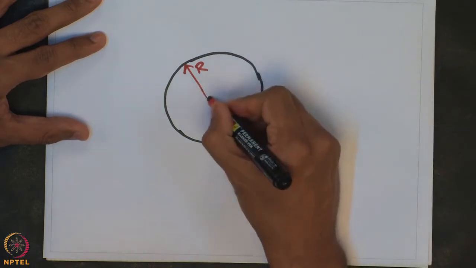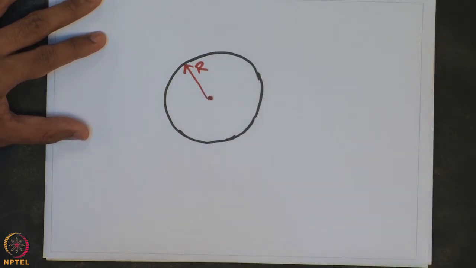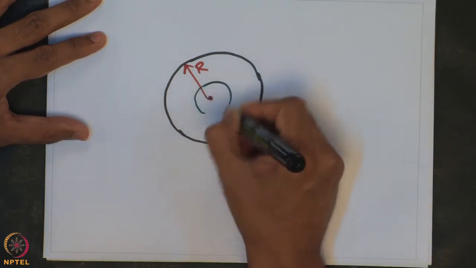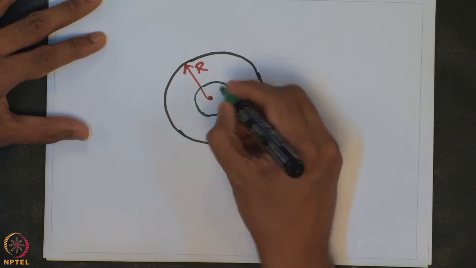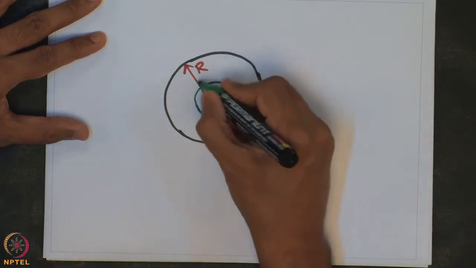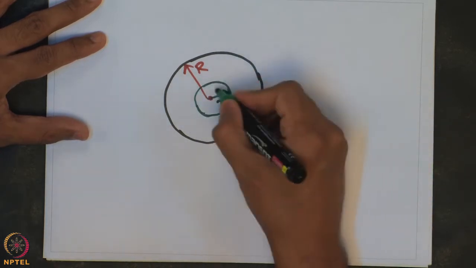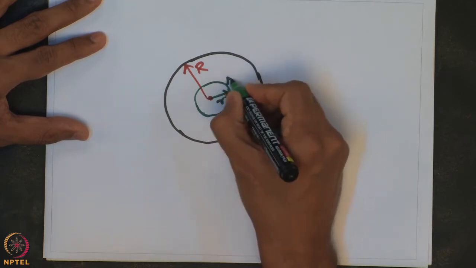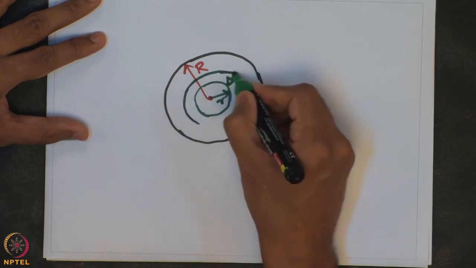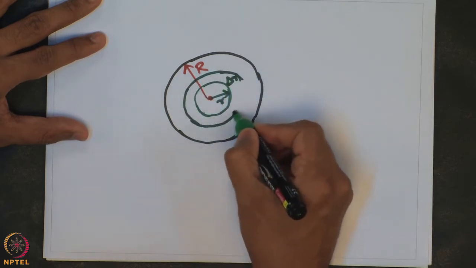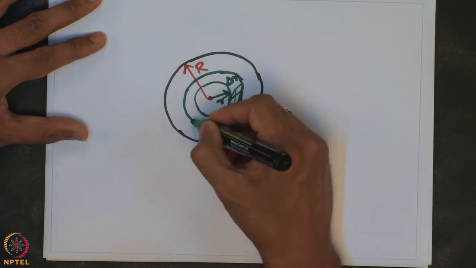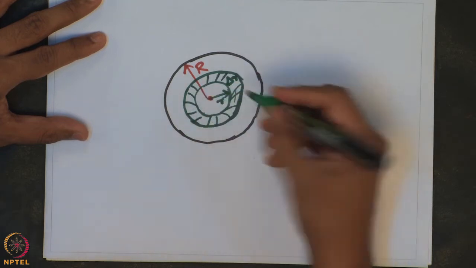If this is the center of the pellet, we can define a small shell at a certain radius r, and let us say that delta r is the thickness of the shell. So, this is the shell in which we are going to write our mole balance.